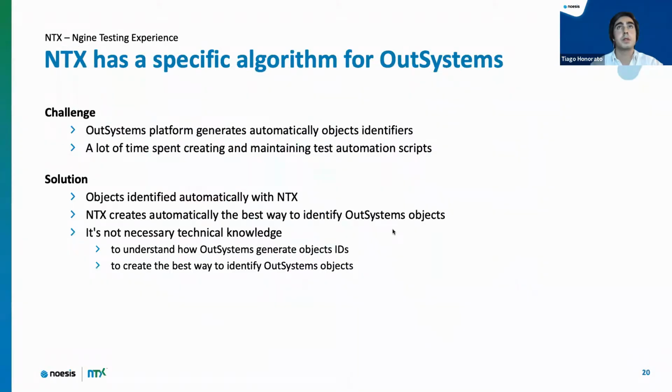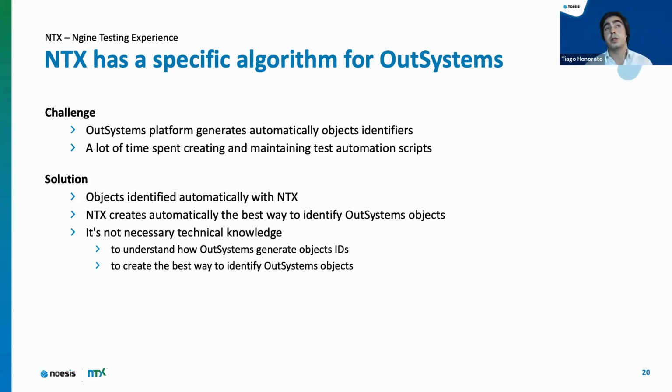So regarding the OutSystems specific algorithm, we had a challenge because, as you probably know, when the OutSystems platform generates the application, it generates the object identifiers automatically. Okay, so we would spend a lot of time creating and maintaining test automation scripts if we identified the objects with those IDs.